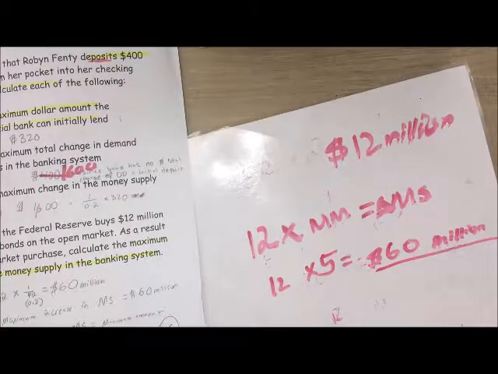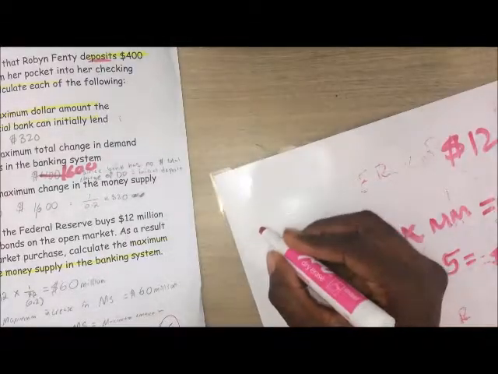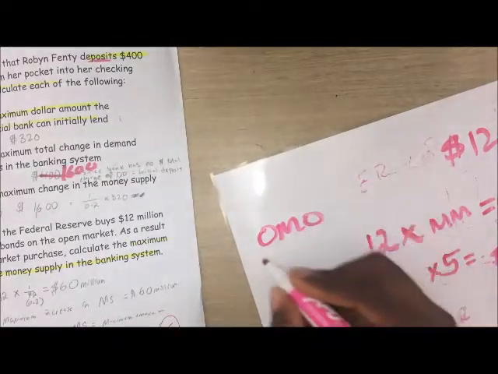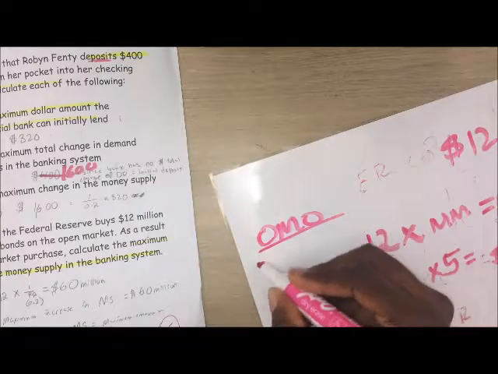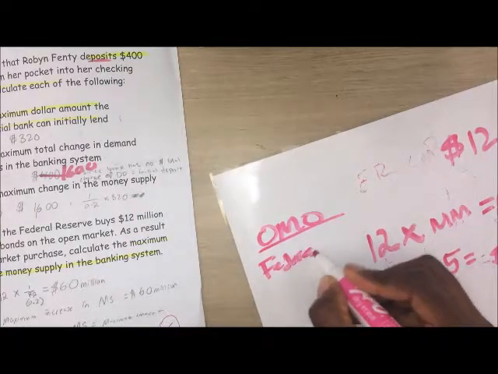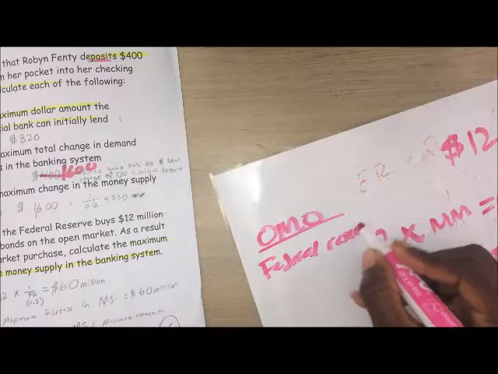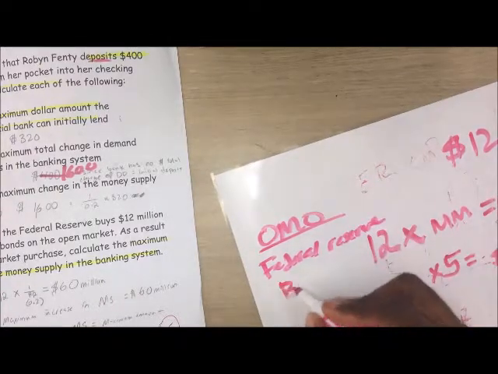What we need to understand is that in an open market operation, or OMO for short, the Federal Reserve can buy or sell bonds.